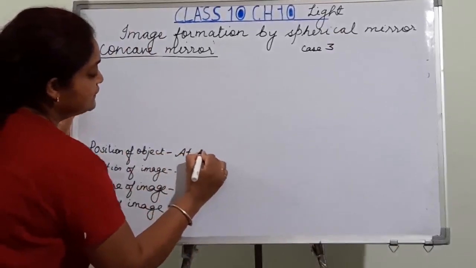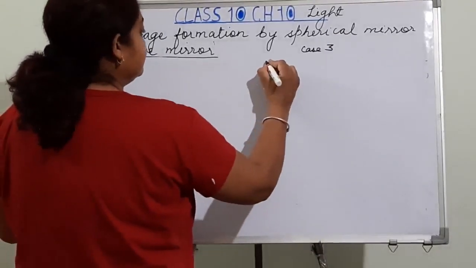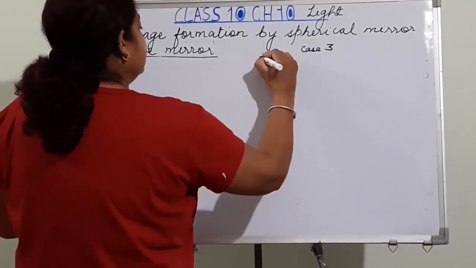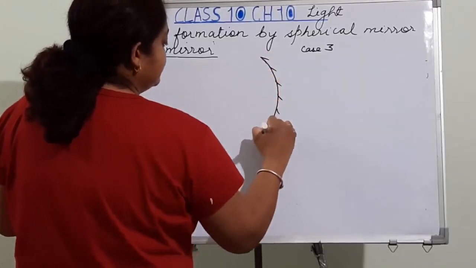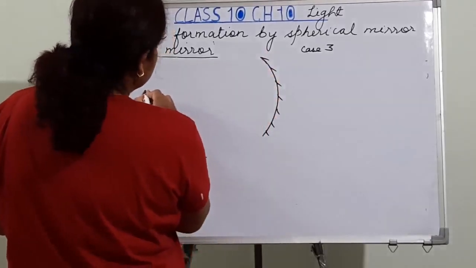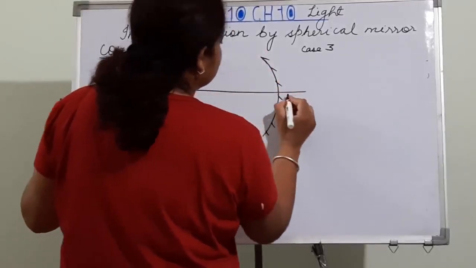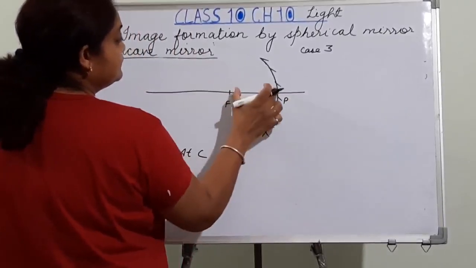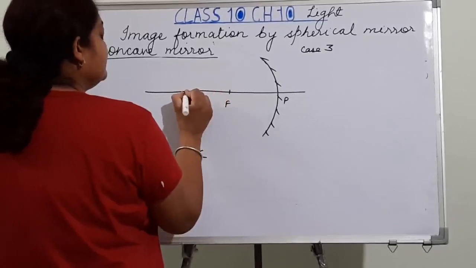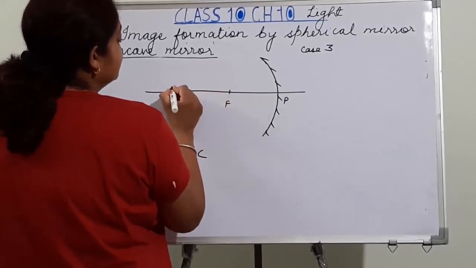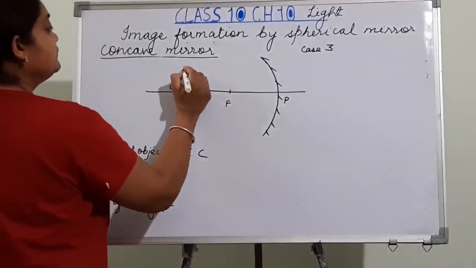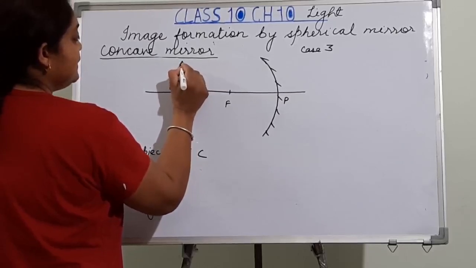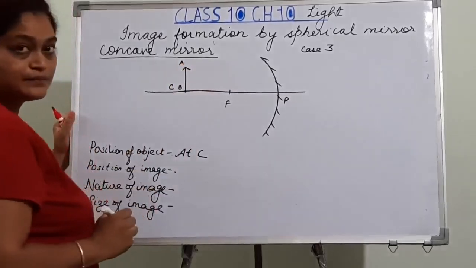At C. This is pole, focus, and this is C. Now this is object A, B, right?